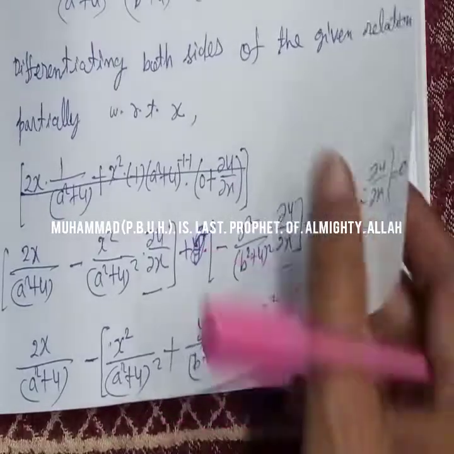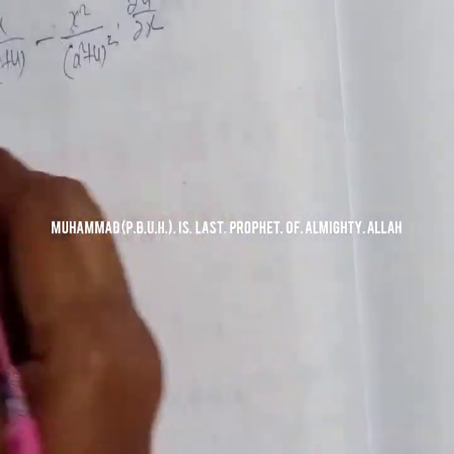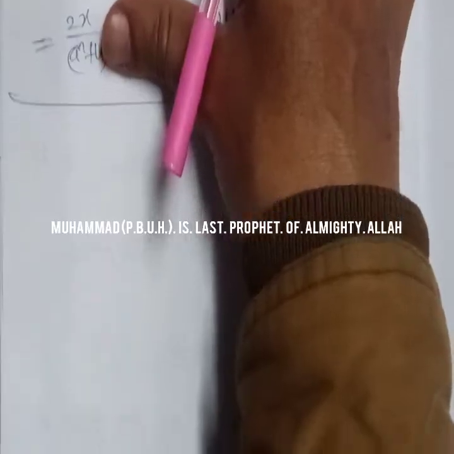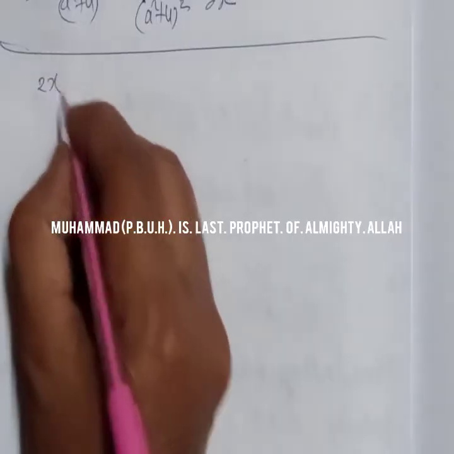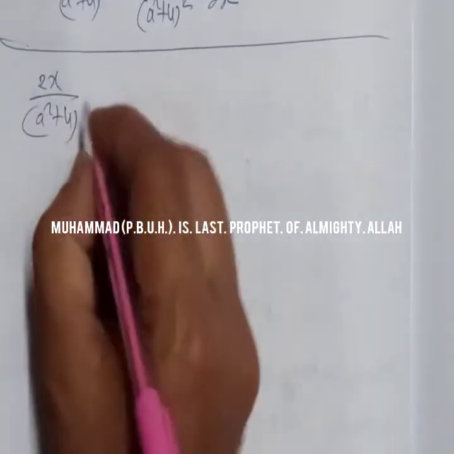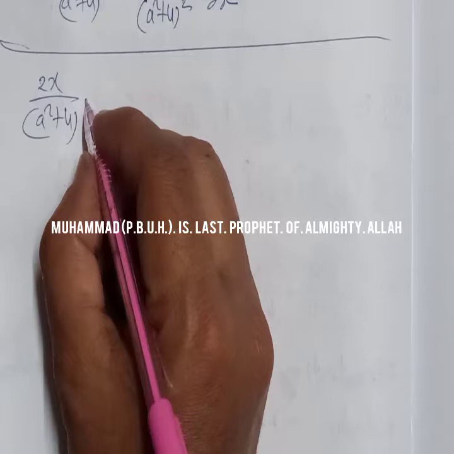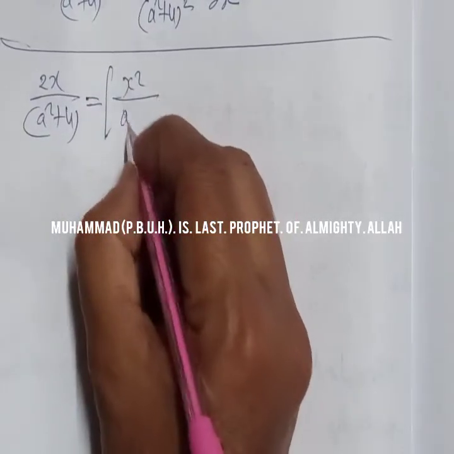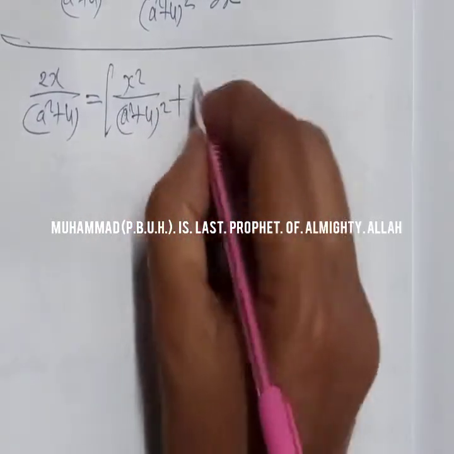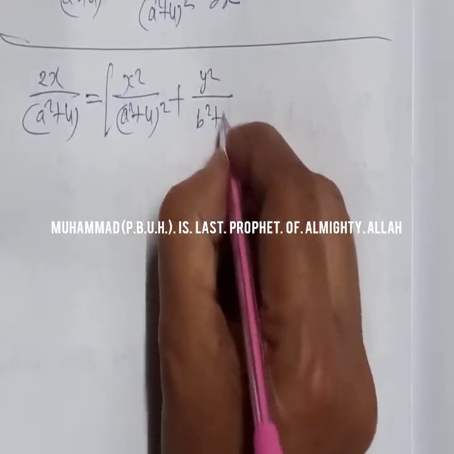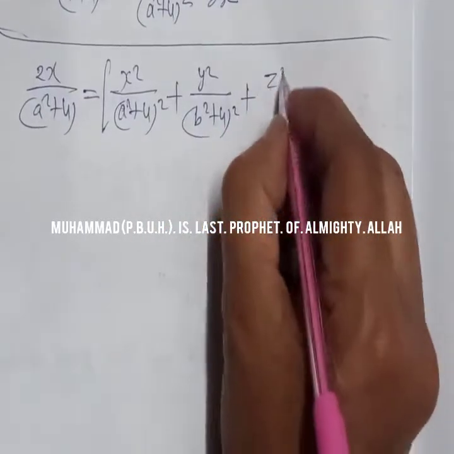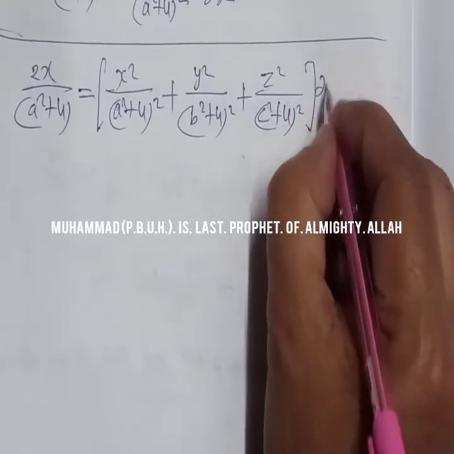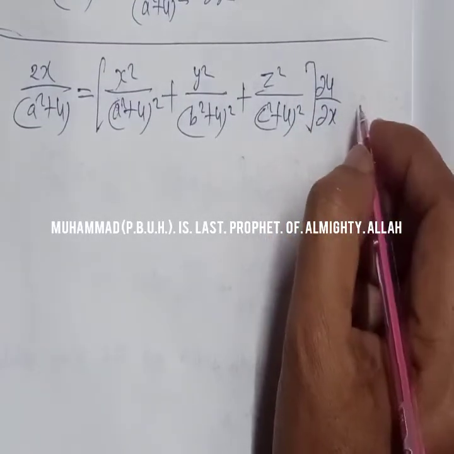We get on the left hand side 2x upon a square plus u, and on the right hand side it becomes x square upon a square plus u whole of square plus y square upon b square plus u whole of square plus z square upon c square plus u whole of square, and del u over del x.